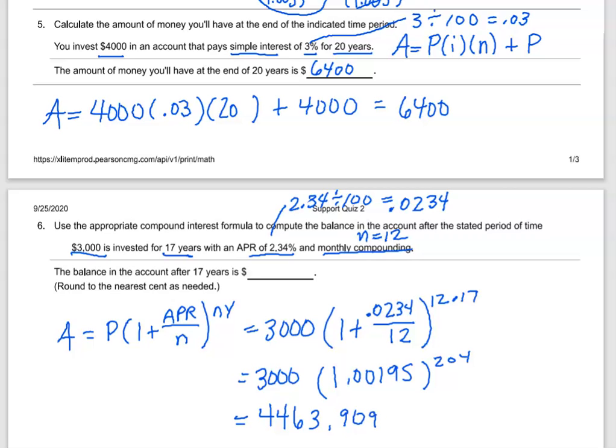This is the first one that has forced me to round up, because the 9 is bigger than a 5, and so the answer ends up being $4,463.91. Okay.